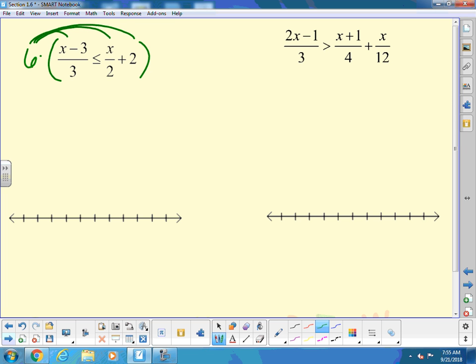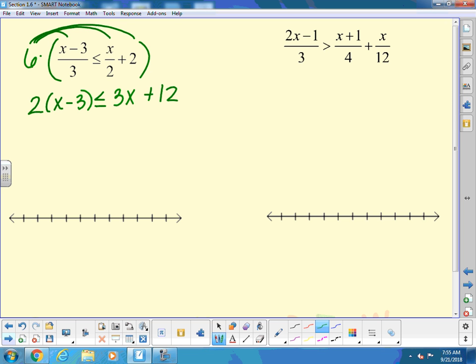I would suggest, instead of distributing it into the numerator and then reducing, just reduce first. 6 over 3 reduces to what? 2. And then I would still have the quantity x minus 3, less than or equal to 6 over 2 reduces to 3, and then there's still that x in the numerator, plus, now here I don't have a fraction at all, 6 times 2 just gives me 12.